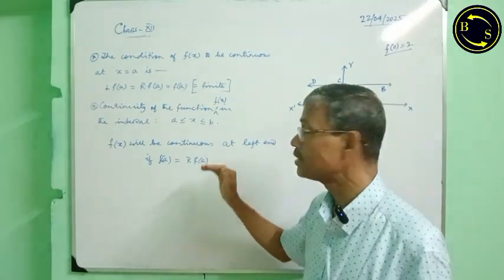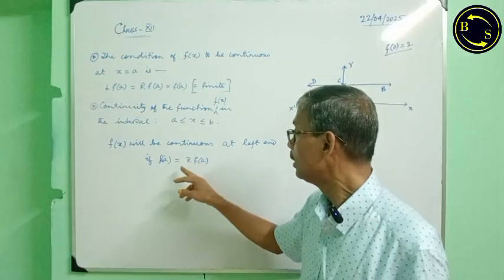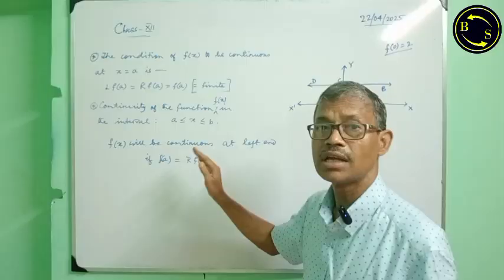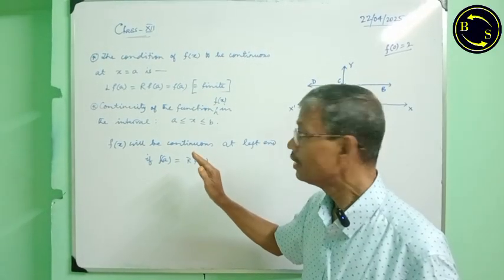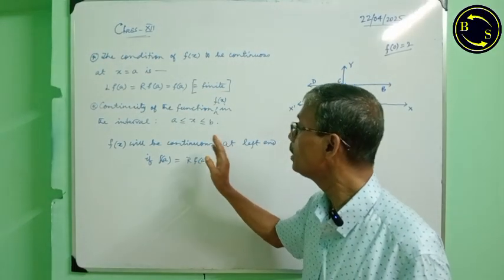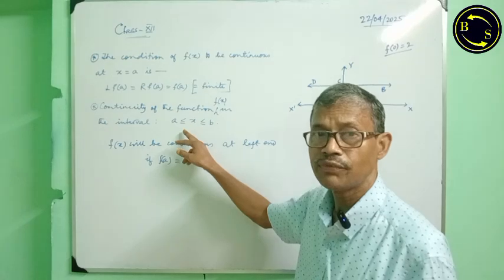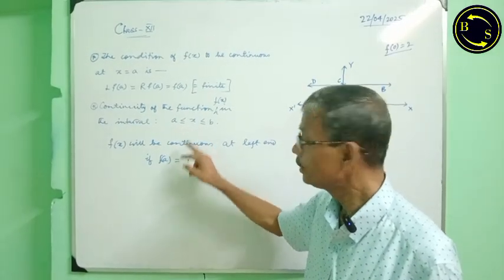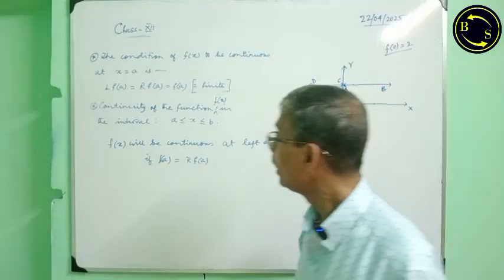Try to understand. f(x) is not defined for the values which are less than a. Therefore, this is the condition for the continuity of the function f(x) at the left end of this interval.